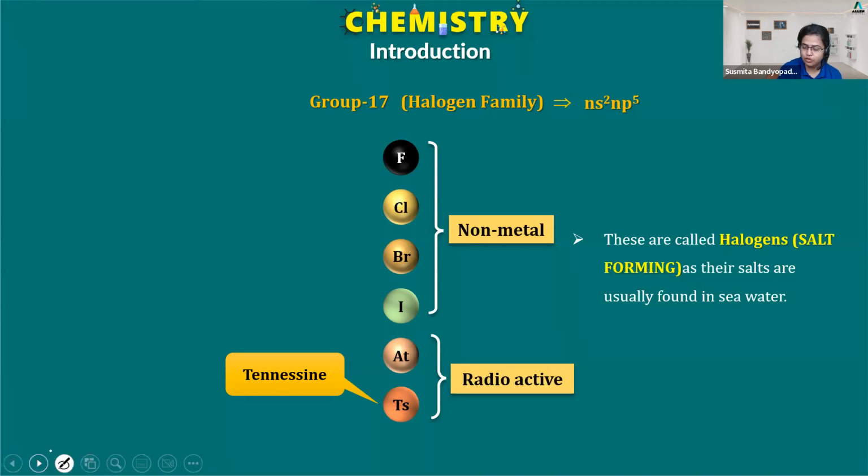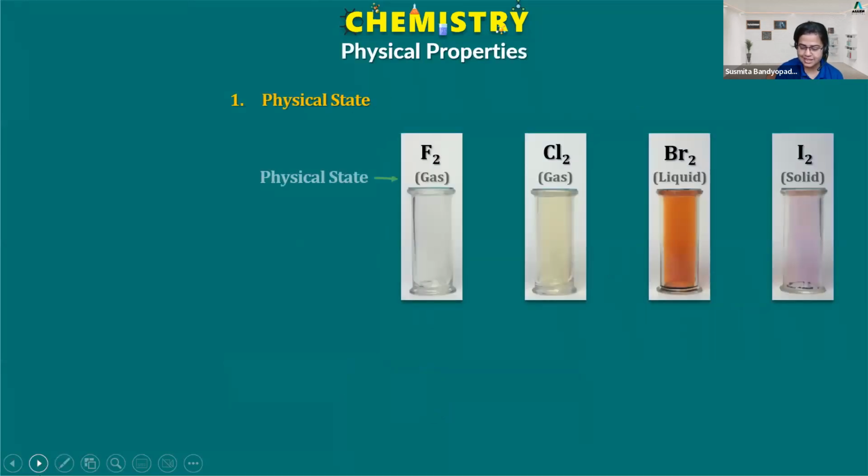Halogens mean salt forming. They're not going to ask these things in the exam. So we'll come to the main point. No doubt, bromine is a liquid, iodine is a solid which can sublime. Chlorine and fluorine are gases. Fluorine is basically a pale yellow gas.